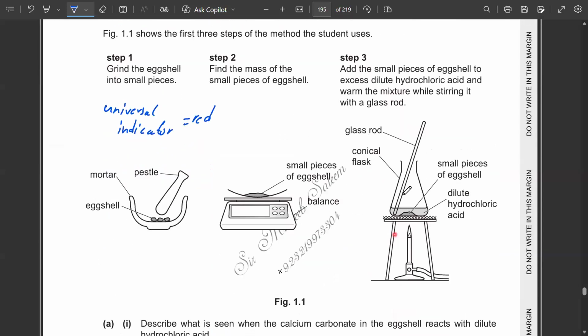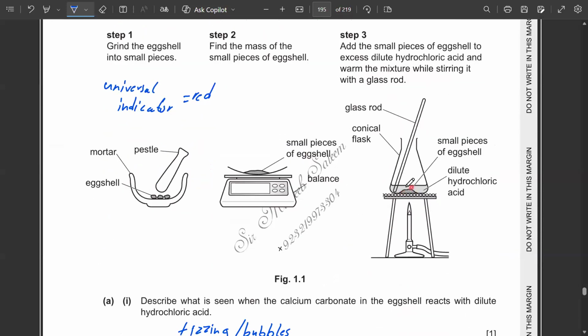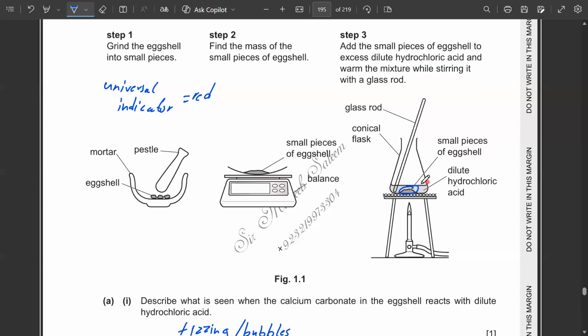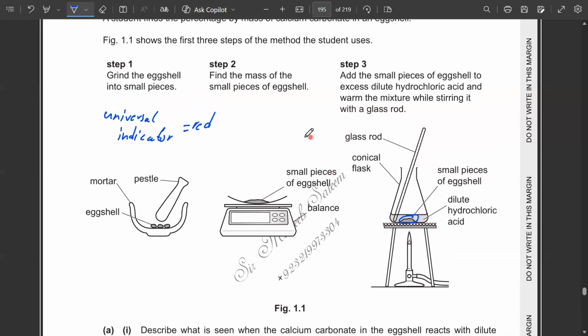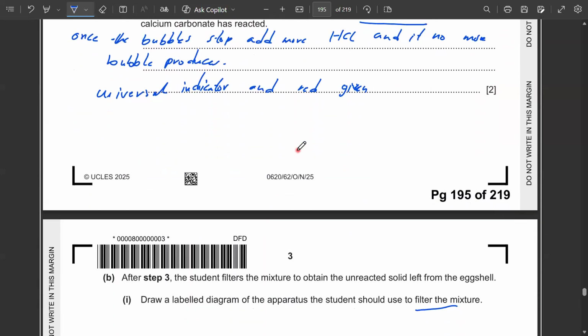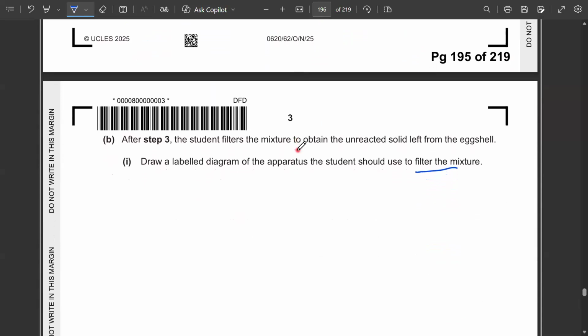We are doing the reaction. There is also a solid over here, and some of the pieces of the eggshell might not have reacted, so they will remain there in the form of solid, and the liquid part belongs to the acid. So we have to separate the solid from the liquid just to get the calcium chloride out. The calcium chloride is supposed to be filtered.